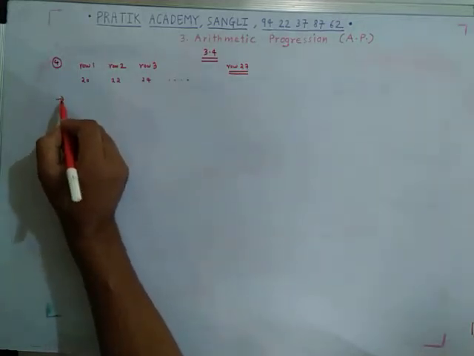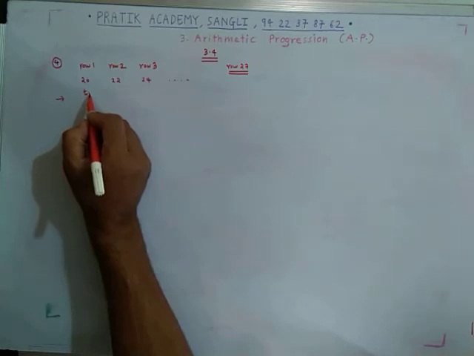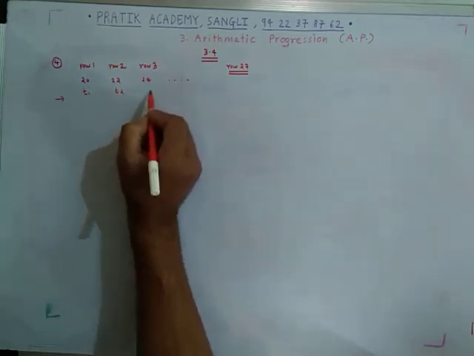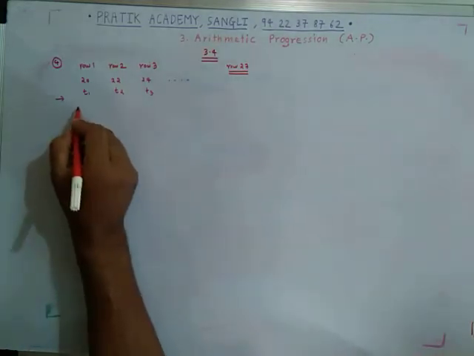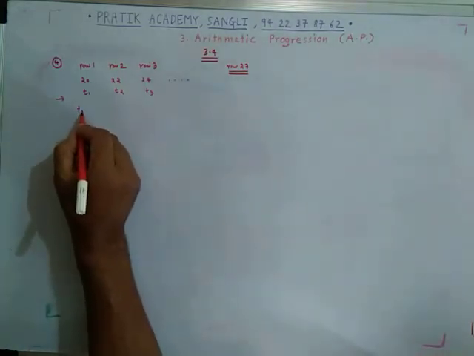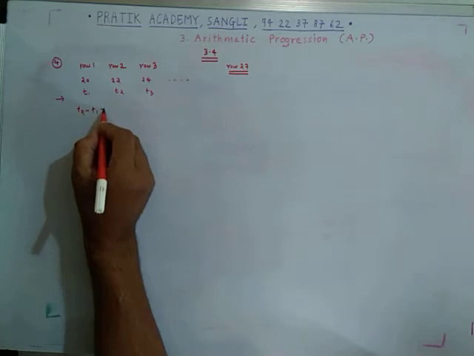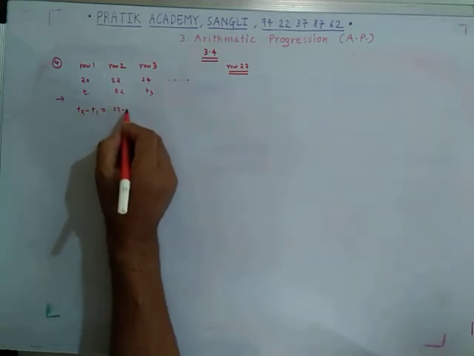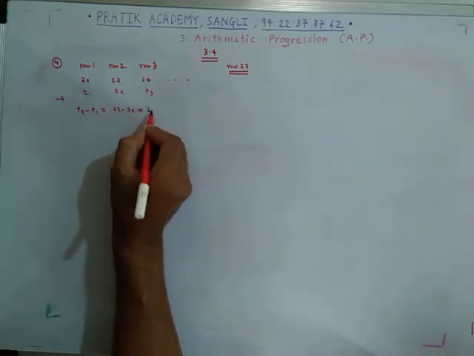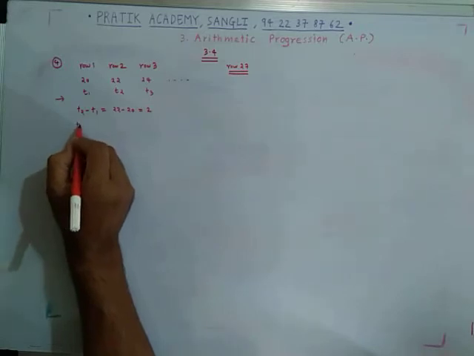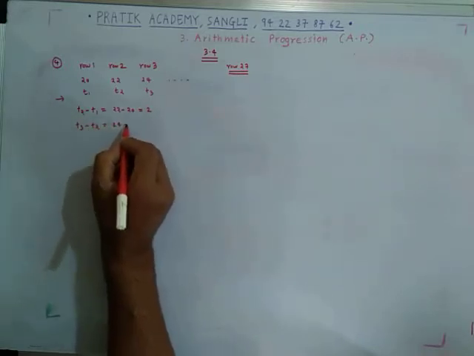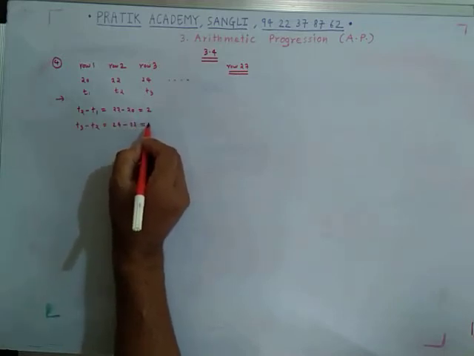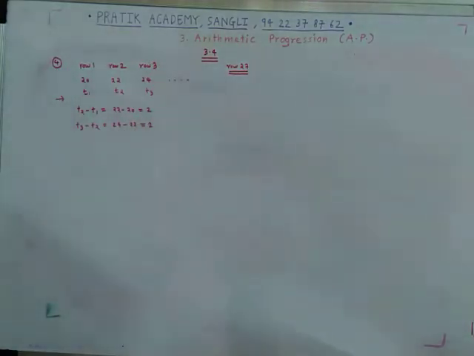For that purpose, let's call these terms T1, T2, T3, and take the difference between consecutive terms. T2 minus T1 is 22 minus 20, which is 2. Then T3 minus T2 is 24 minus 22, which is 2.